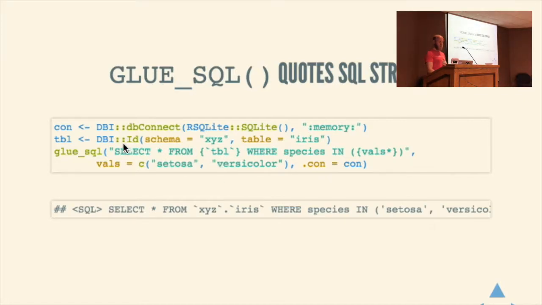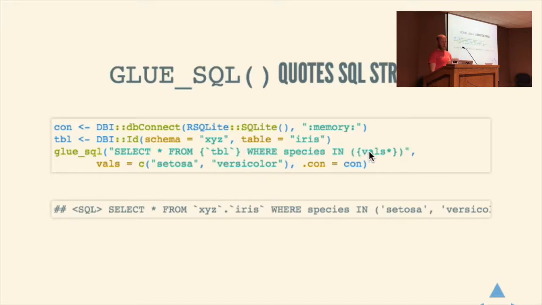To illustrate this, here I'm defining a simple connection to a SQLite in-memory database, then creating a schema and table, and then I can create a simple select statement based on this. What I pass as the table identifier is just the table variable, and this is then quoted appropriately based on the quoting rules for whatever backend you pass in.